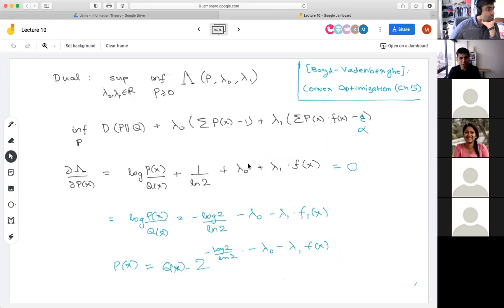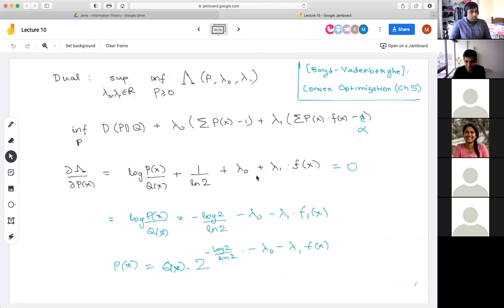So it is of the form that we wanted. It's Q of x times some constant maybe times lambda 1 times the function that we care about. And it only depends on, up to this factor Q of x, the value of the function that we care about.